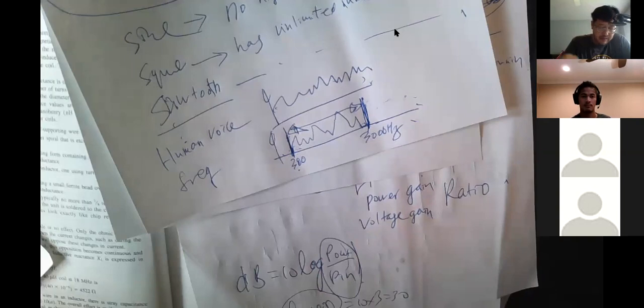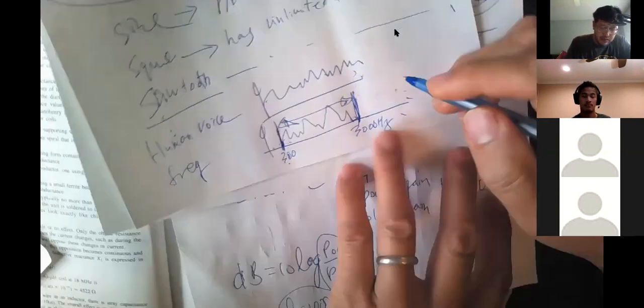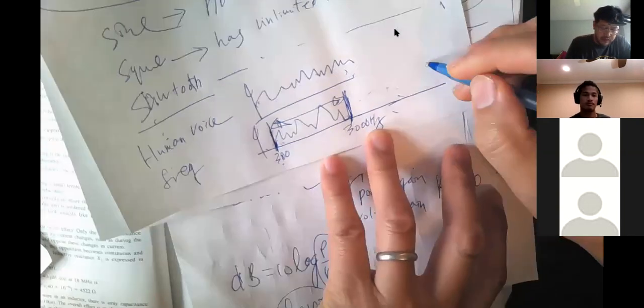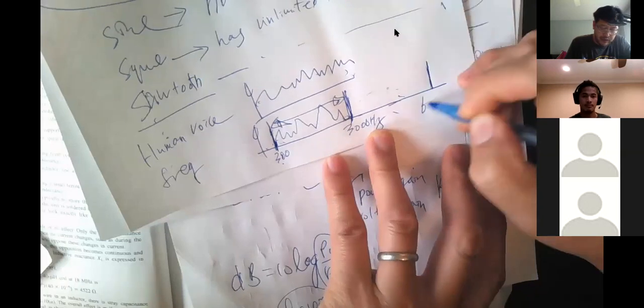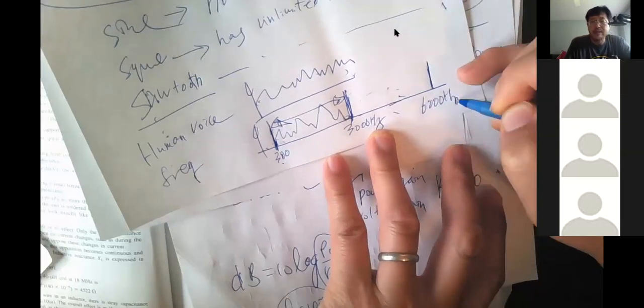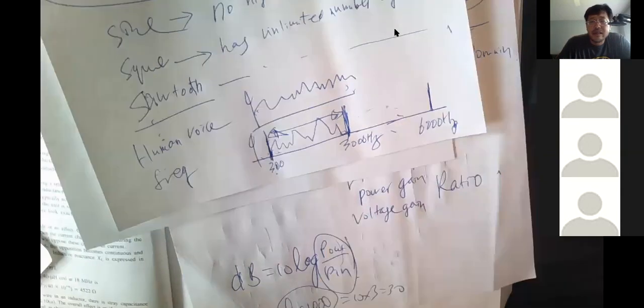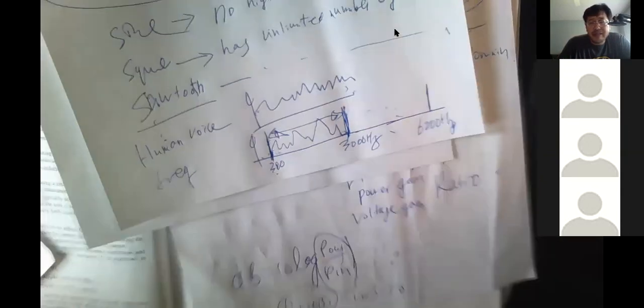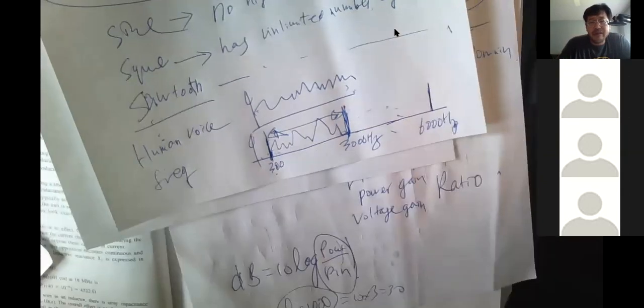But if you want to, for example, do 6000 hertz, the voice is better. Your voice will be more like in the same room.